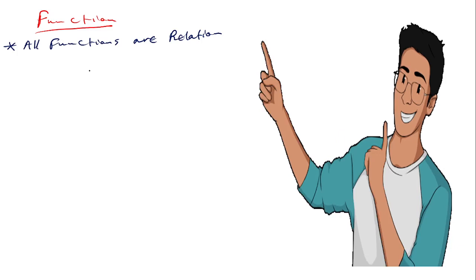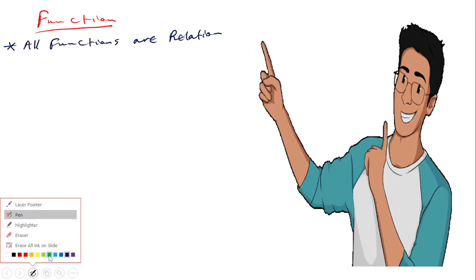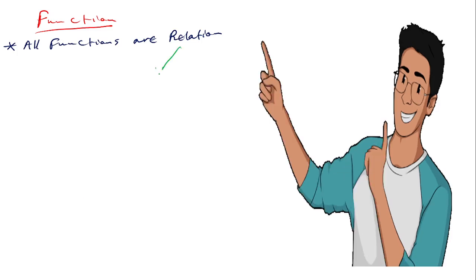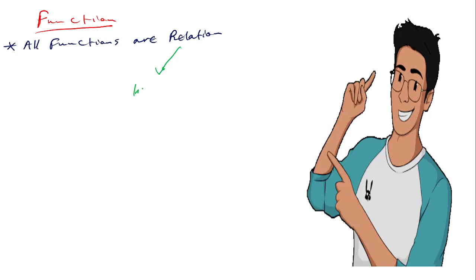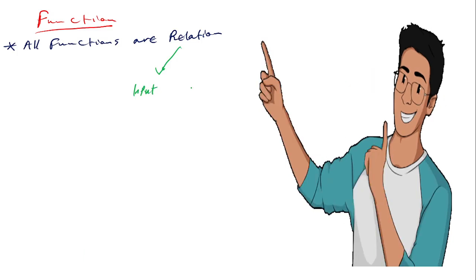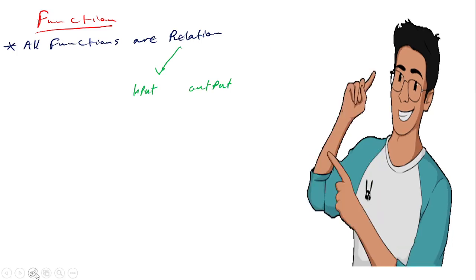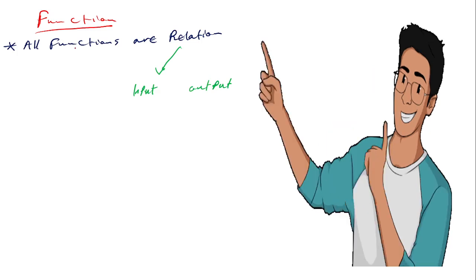So when you talk about a relation, you need to consider two things: you have the input and you have the output. A function is a subset of a relation.